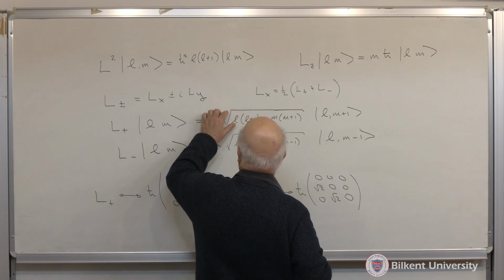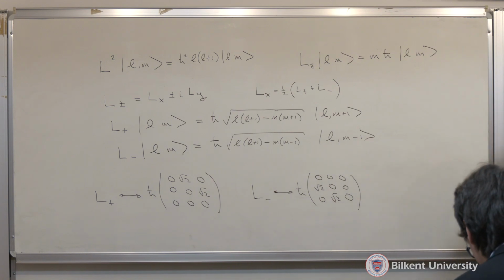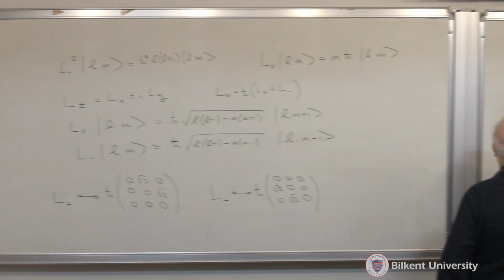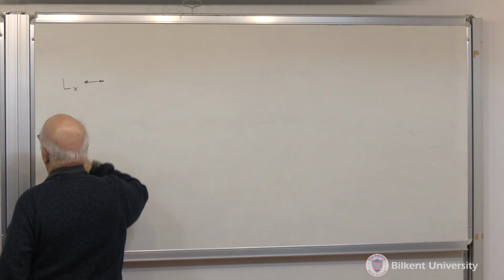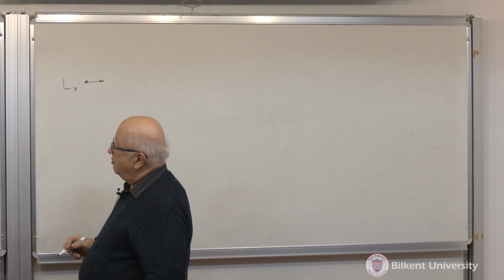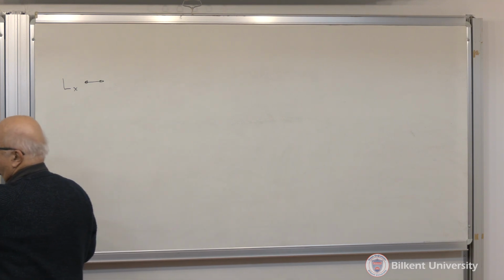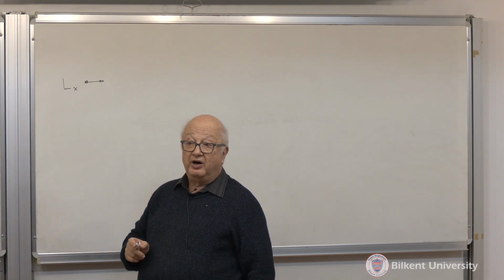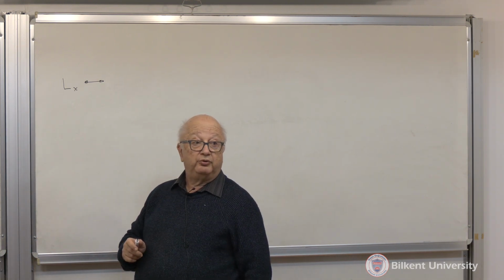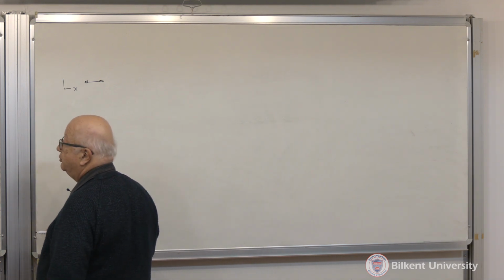Then since Lx is 1/2 of these things, and I'm going through this somewhat rapidly because we did this algebra last time, I just add these things up and divide by 2. When I divide by 2, I get square root of 2 over 2, which is 1 over the square root of 2.